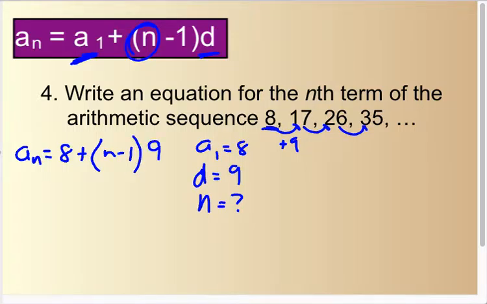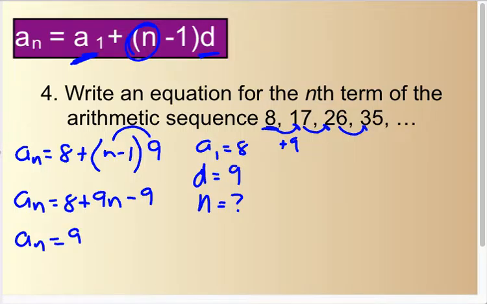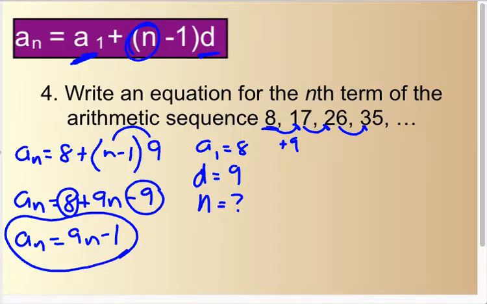So basically we're just going to clean this up and solve it for a sub n. It's going to equal 8 plus 9n minus 9. Finally, a sub n equals 9n, well 8 plus negative 9 is going to give me negative 1. And there's our formula.